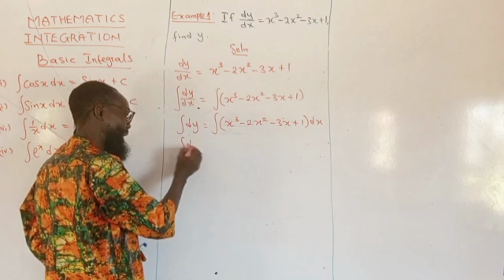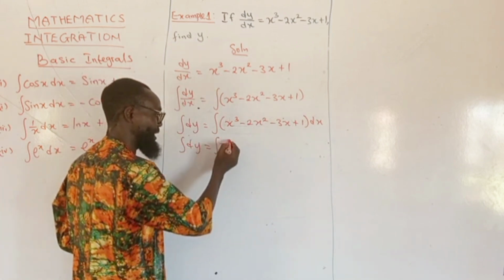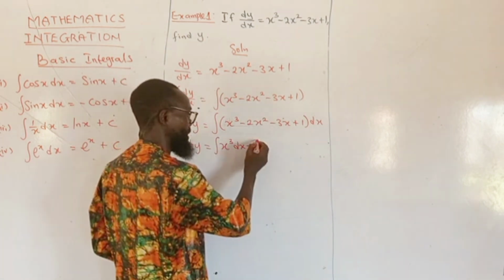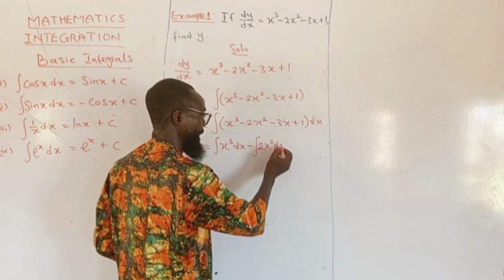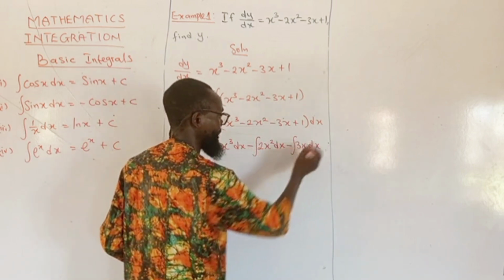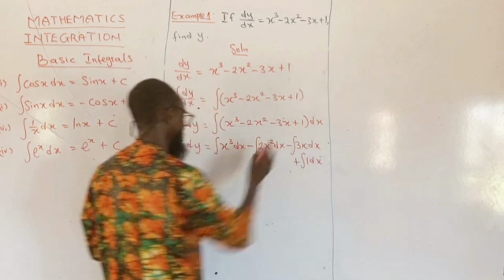Now, integral dy equals, open these brackets, integral x cubed dx minus integral 2x squared dx minus integral 3x dx, then plus integral 1 dx.